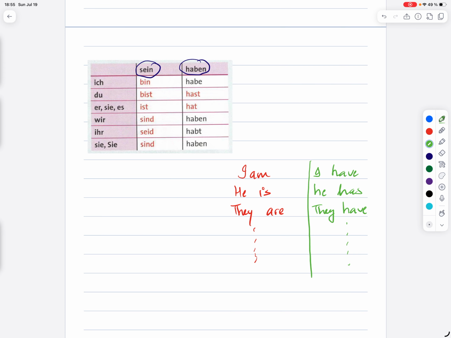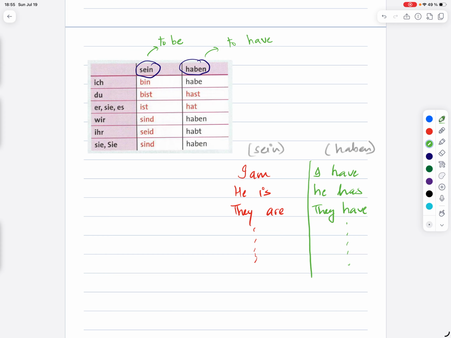In the same way we also have in German what is called sein, and for have we have haben. So the literal translation of sein is to be, and haben is to have, right?